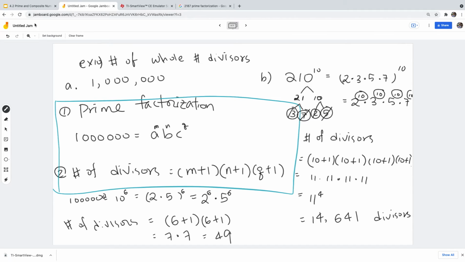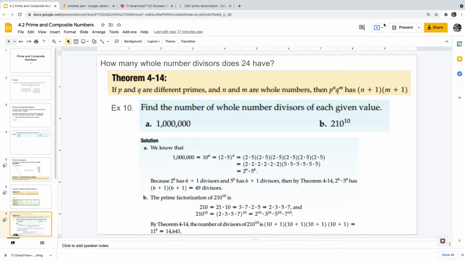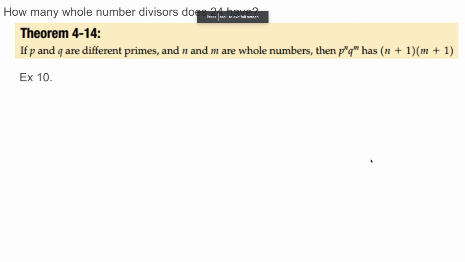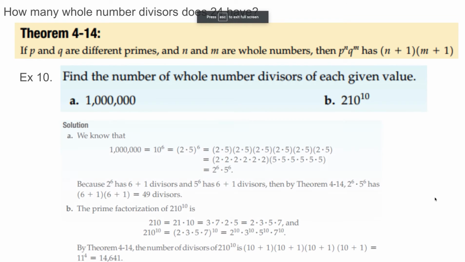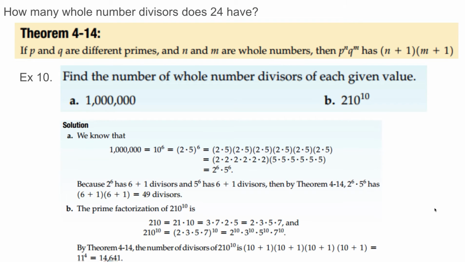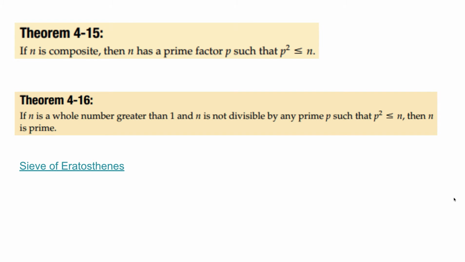So you don't want to list all of that to find it out, but we know the more efficient way now. Okay, so that's how you find the number of divisors or number of factors. Divisors are the same as factors. Okay, and let's move on to the next theorem.